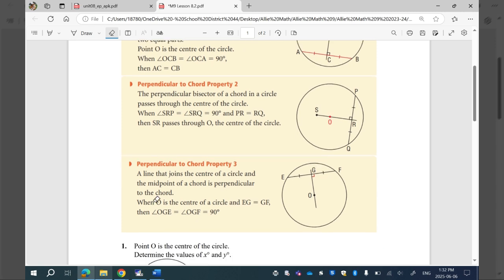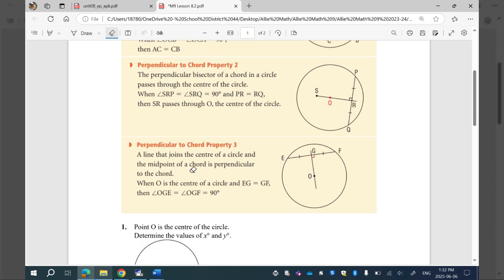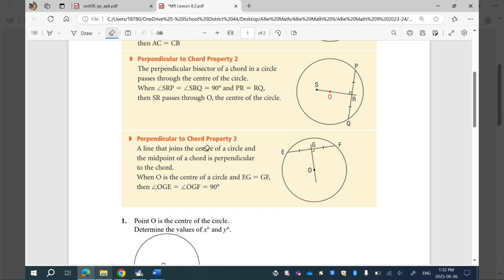And this last one looks the same: a line that joins the center of a circle and the midpoint of a chord is perpendicular to the chord, which we've kind of been talking about. That means when O is the center of the circle and this length equals this length, then the angles are going to equal 90 degrees. If this bisects the chord perfectly, these 2 angles are going to be 90-degree angles.